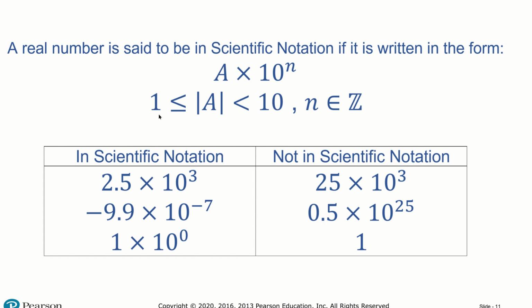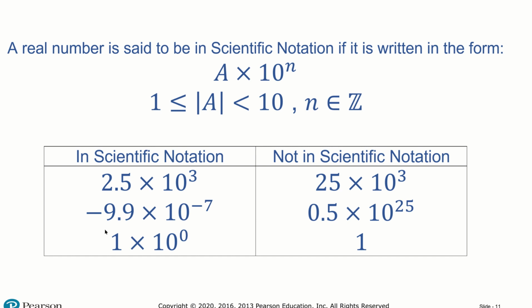That means it can be 1, but it can't be 10, right? So it can be greater than or equal to 1. So 1 is okay, but it has to be strictly less than 10. So 10 would not be okay. But 9.99, no problem, because it's less than 10, right? And we want this exponent to be an integer. And that's the rule that we're going to use. Now, here are some examples of numbers that are in scientific notation.